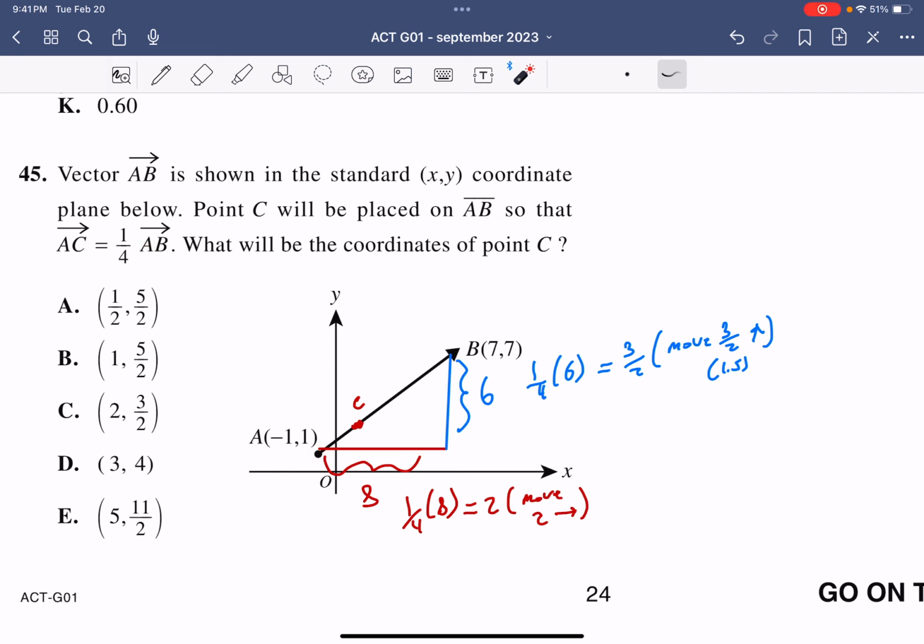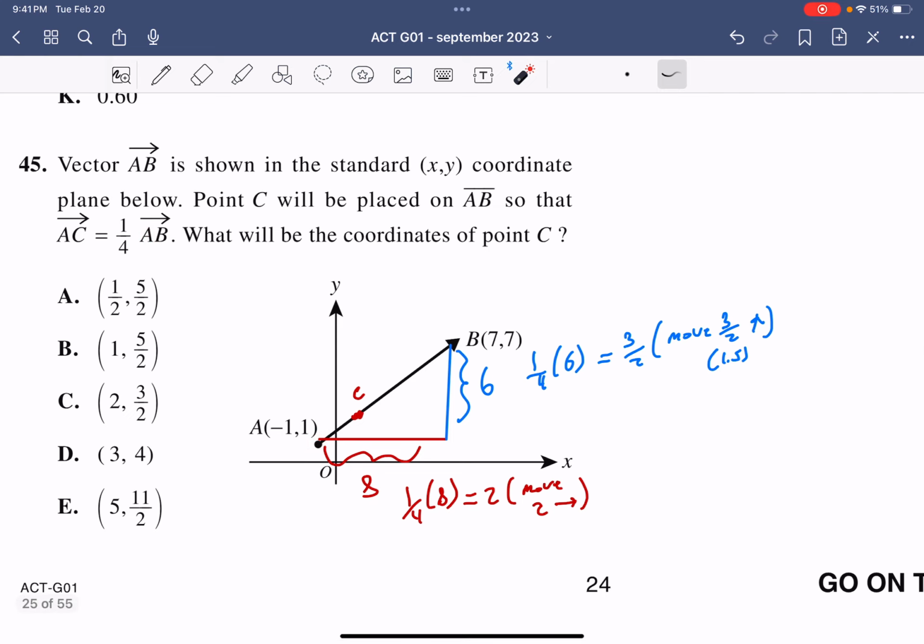So let's do that. So we need to move from this position 2 to the right. So if I'm at -1 and I move 2 to the right, my new x value is 1. So this new x value here is going to be 1. Okay?